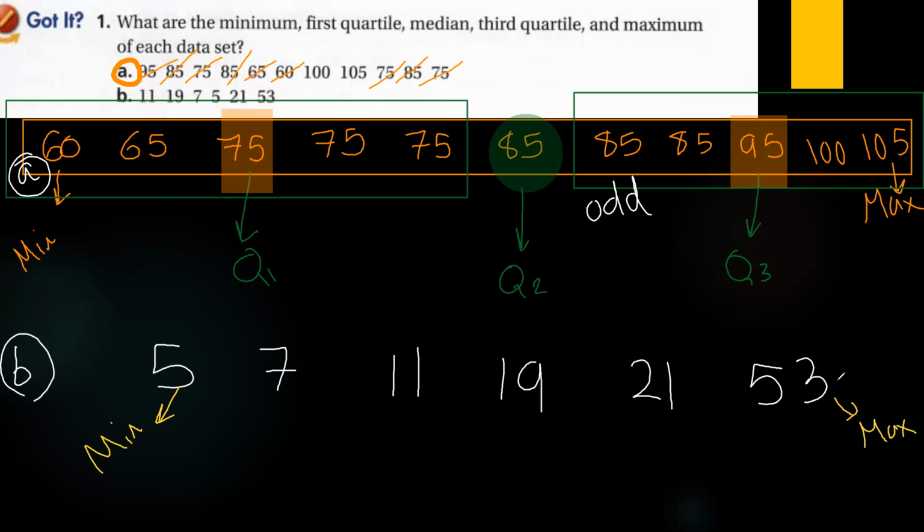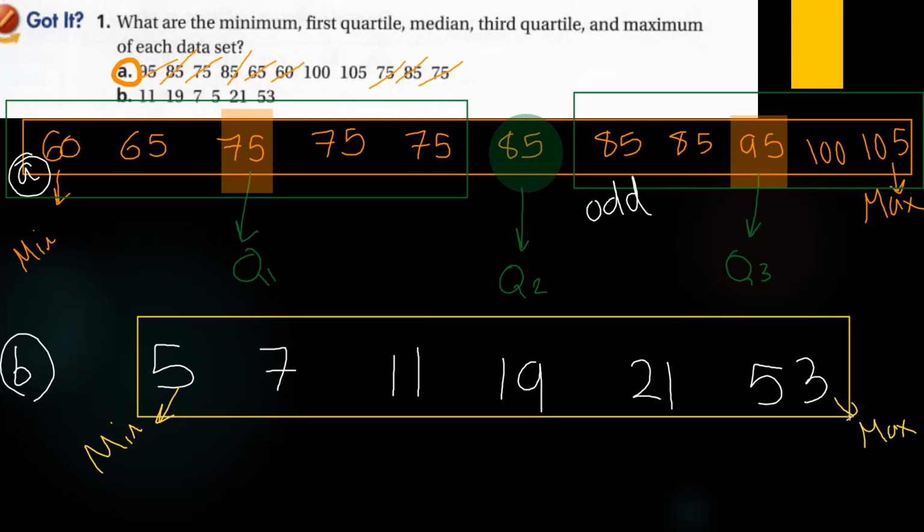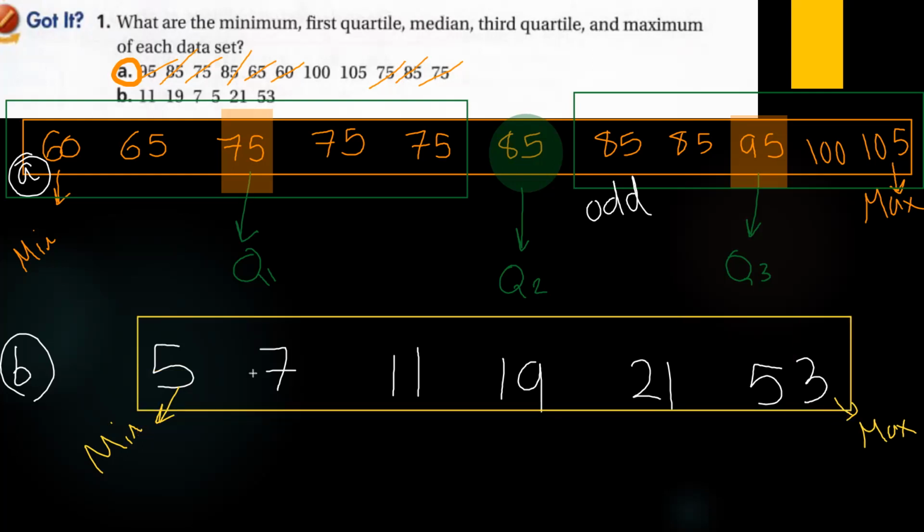Now, I need to find Q2. Where is the point that I can cut the bar of chocolate into 2 equal halves? 19 plus 11 divided by 2. Bravo. You will not say 11, you will not say 19. It's a number between them.